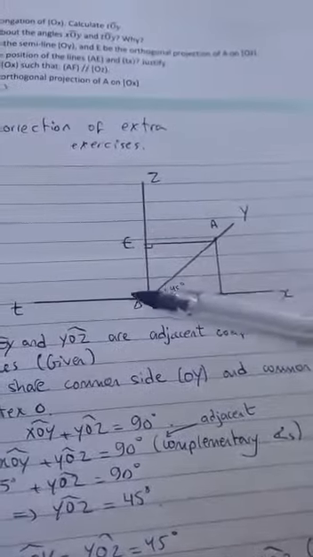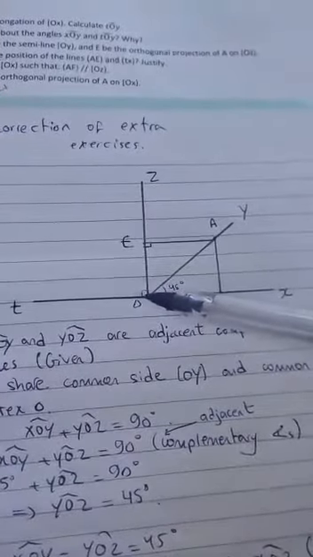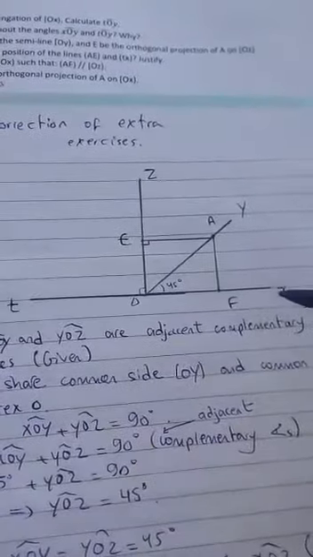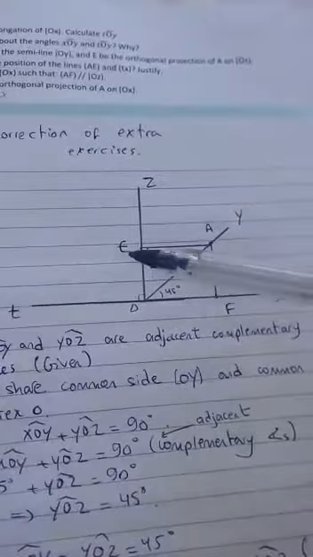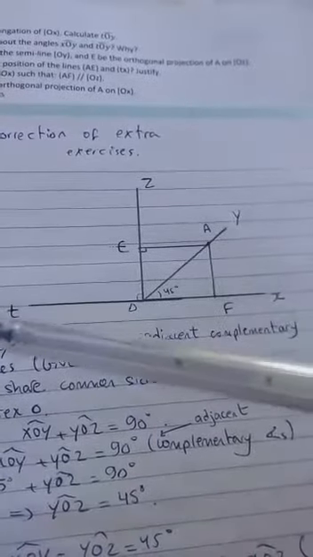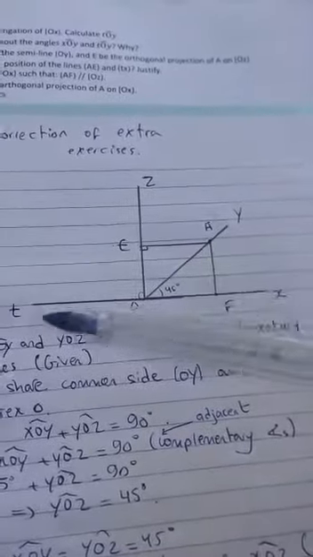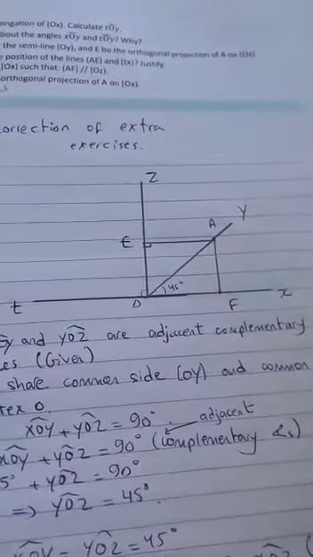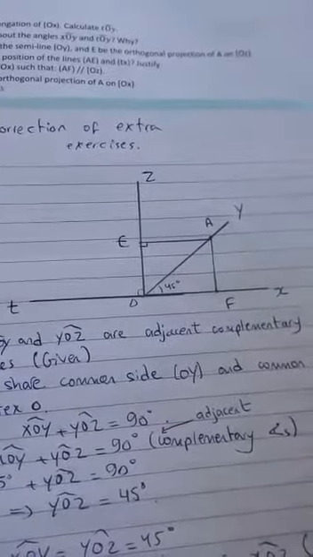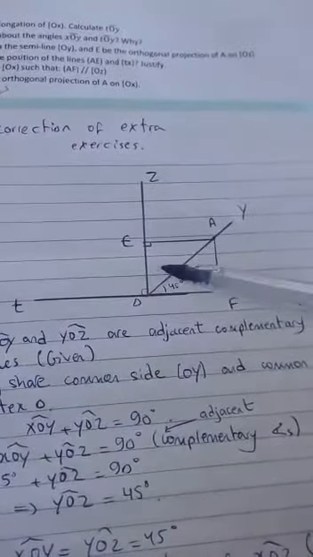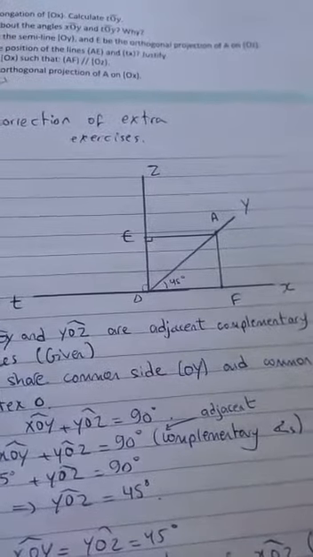And we also proved that ZOT is 90, meaning OZ is perpendicular to TX. If EA is perpendicular to OZ and OZ is also perpendicular to TX, then EA and TX are parallel, since both are perpendicular to the same line OZ. If two lines are perpendicular to the same line, then they are parallel.